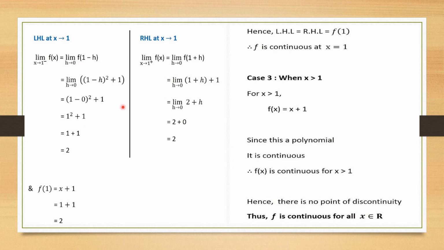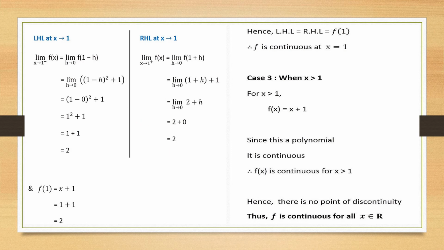So all of them are equal, so the function becomes continuous at x equal to 1. When x is greater than 1, again it is a linear polynomial, hence it is continuous. So this function is continuous wherever it is defined, at x greater than 1 and less than 1 also.